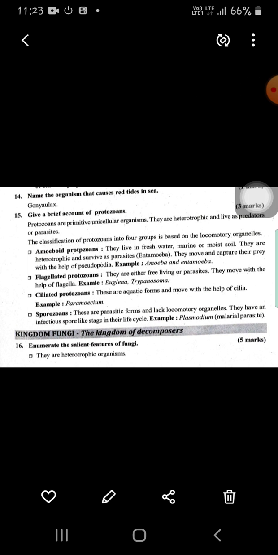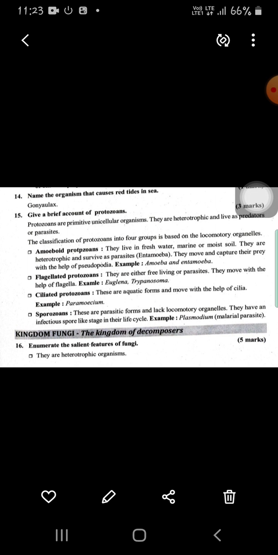They have infectious spores and a complex life cycle. So these are the protozoans: the amoeboid, flagellate, ciliate, and sporozoans. Okay friends, they will ask this for 3 marks.